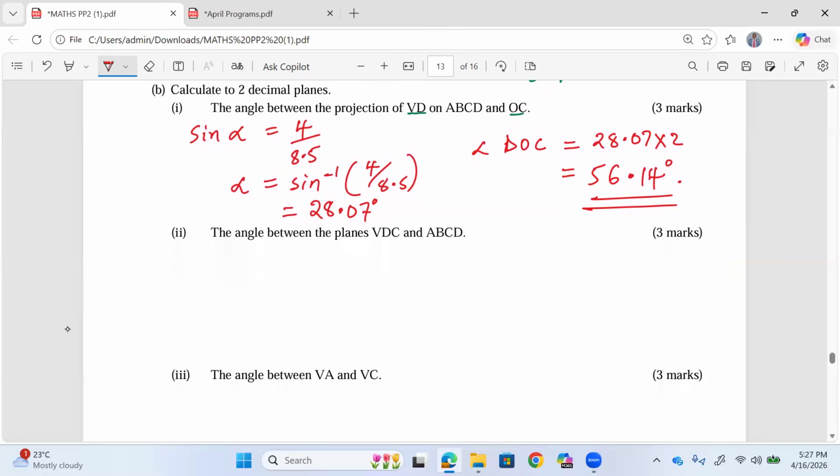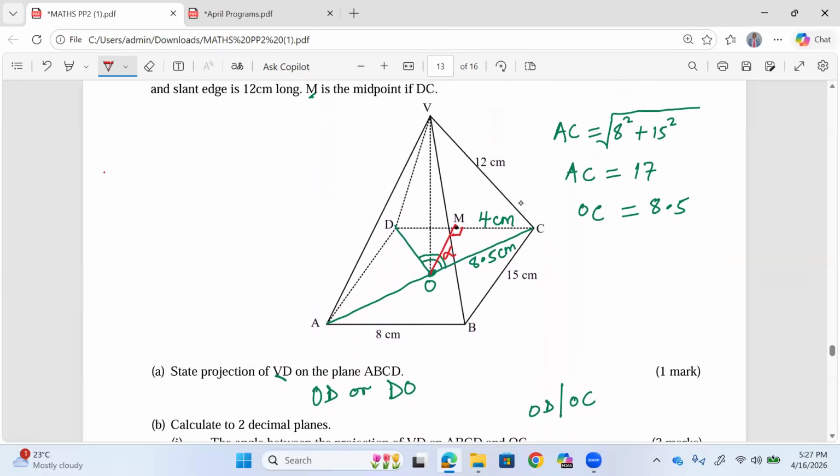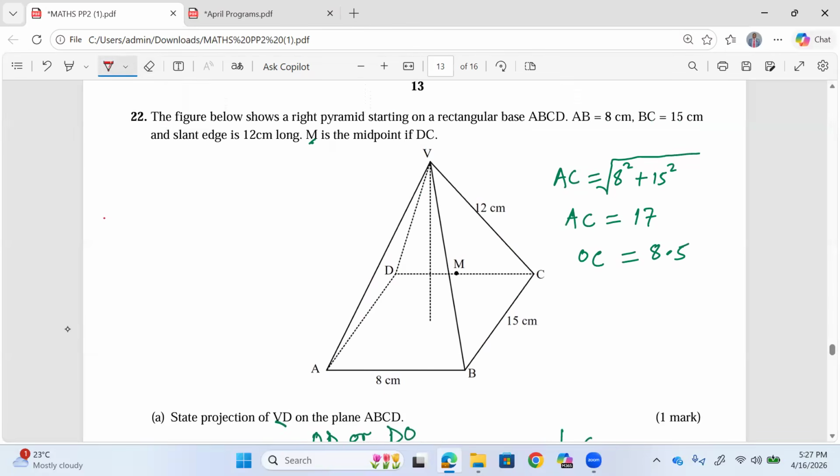What about number 2 of the same question? The angle between the plane VDC, which is one of the sloping faces, and the base ABCD. The angle between two planes is found by first identifying where they meet.